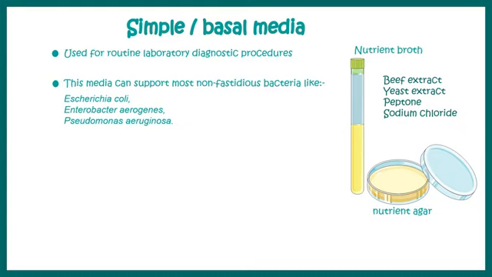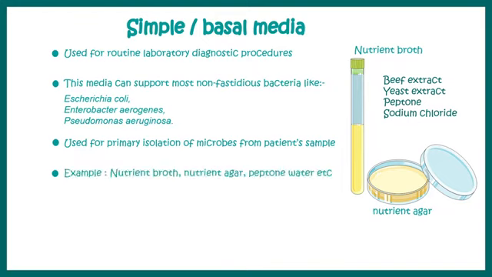So generally they have beef extract or yeast extract, which can serve as a nitrogen source, peptone, and also salt such as sodium chloride. Sometimes they have a solidifying agent such as agar if we are talking about a solid media. These media are used primarily to isolate microbes from patient samples or other sources. Examples include nutrient broth, nutrient agar, peptone water, etc.